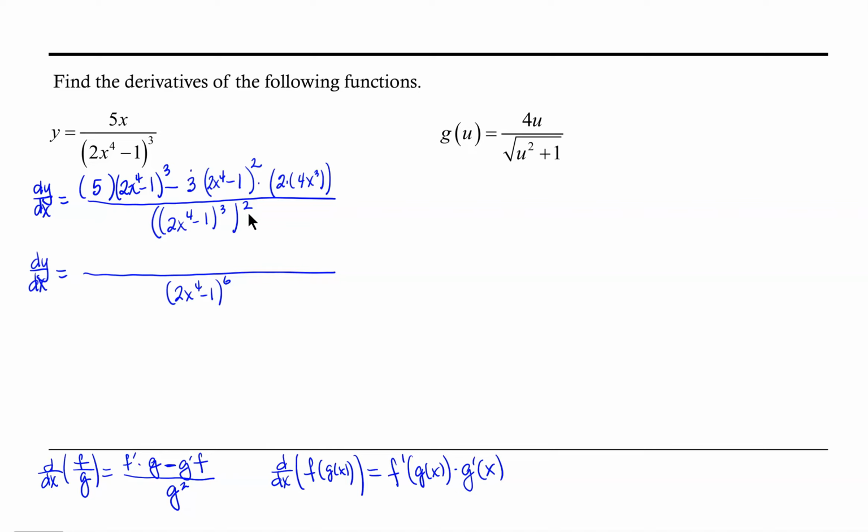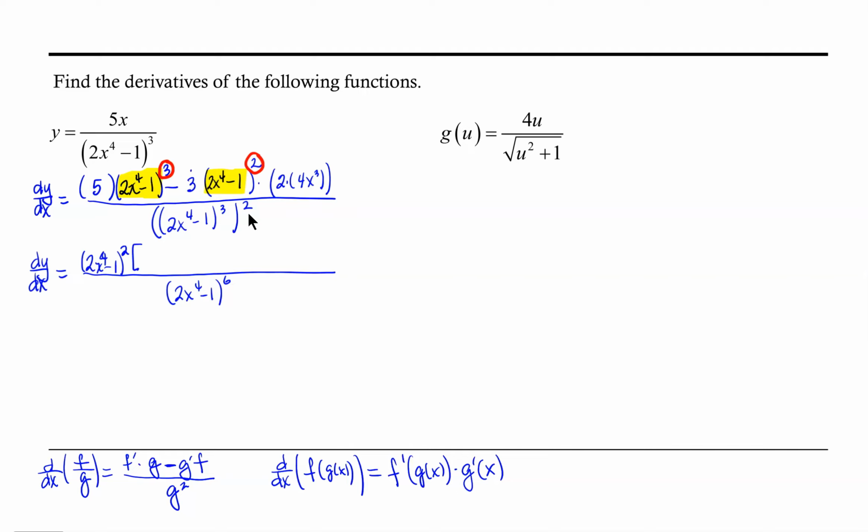Next, we have a common factor of 2x to the fourth minus 1. And in one term we have 3 of those factors, and in the other term we have only 2 of them. So we will be factoring out 2 factors of 2x to the fourth minus 1 squared.